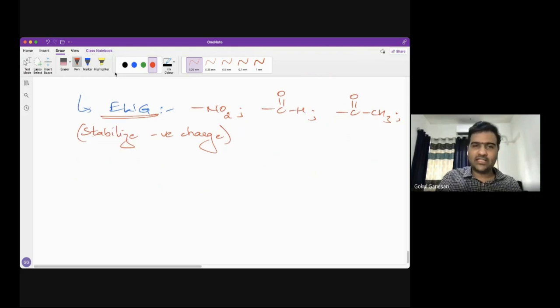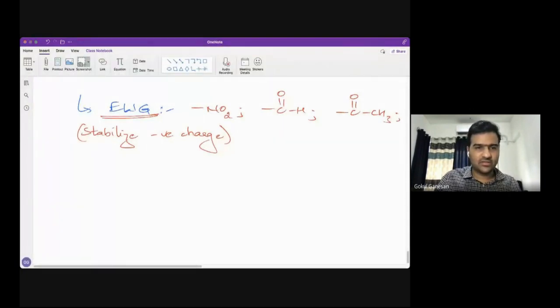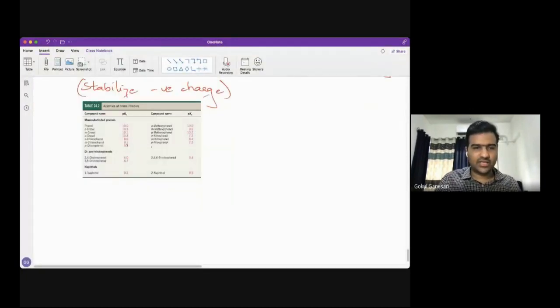Let's take some characteristic examples and see whether experimentally the same thing is found to be true. So let me bring in some acidity constants of phenols from a table. Let's try to reason the entries on this table.